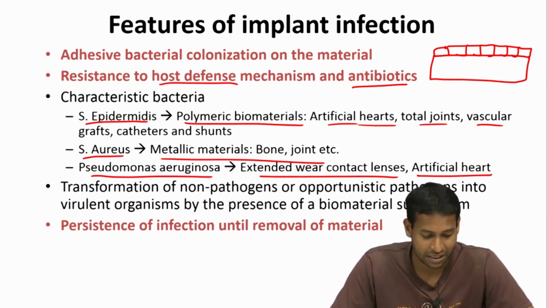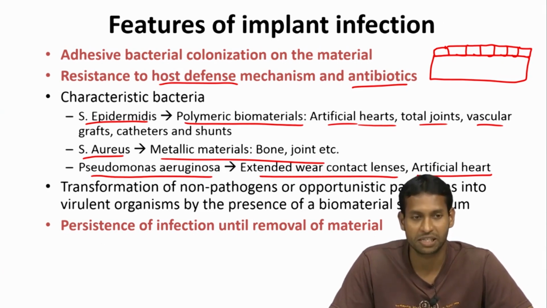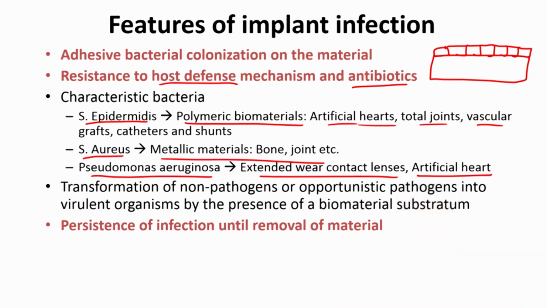And then sometimes there is a transformation from non pathogens or opportunistic pathogens into a virulent pathogen in the presence of a biomaterial substrate. For example, Staphylococcus aureus is naturally present in our skin.